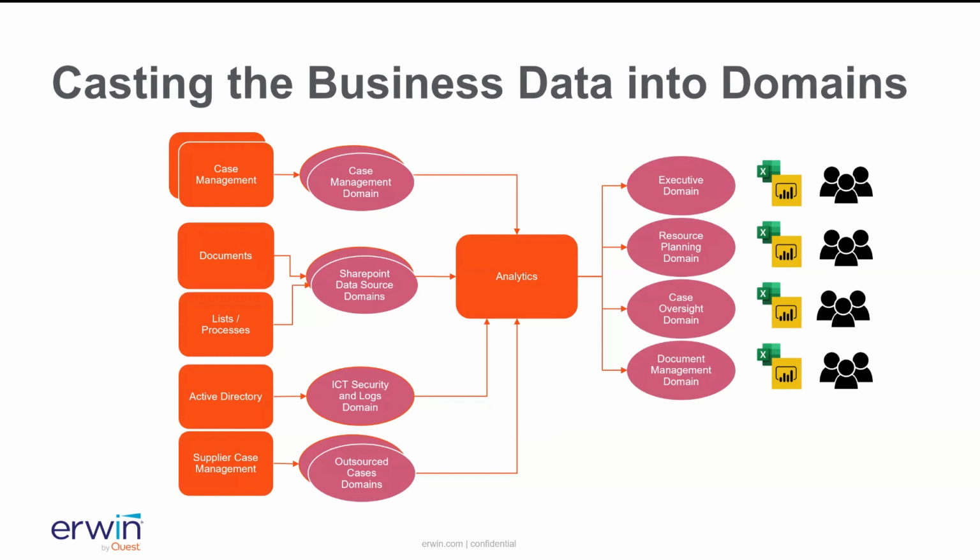Those would hold data extracts from those systems as needed downstream, and keeping the existing analytics in place, keeping a warehouse in place, we can define these data products going out the far end, different domains for executives, line managers, case managers, and the document management team. Okay, so start to introduce these domains.